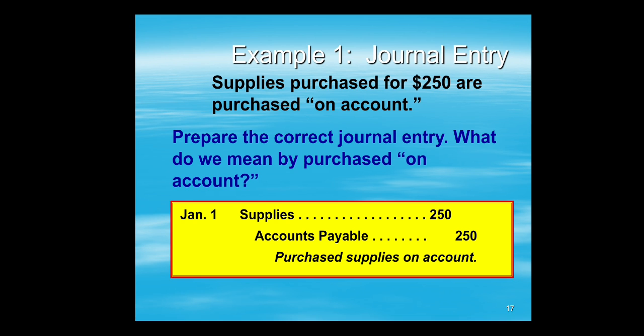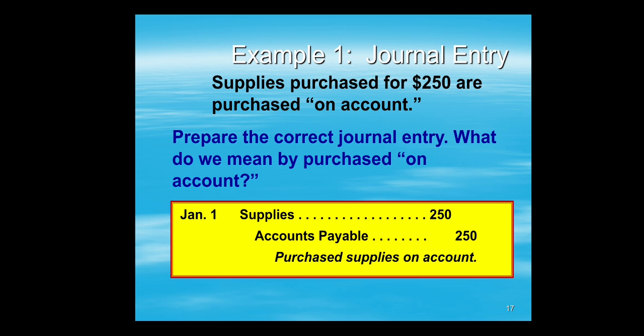The thing that happened to asset is asset supplies increase. So you can imagine there is a business. When the business purchase the supplies, the supplier send the supplies to the business. So supplies goes in. When supplies goes in, asset supplies increase. The amount is $250. That is the first effect.